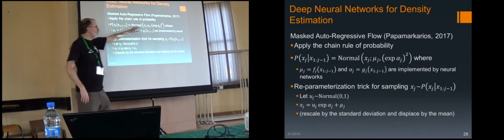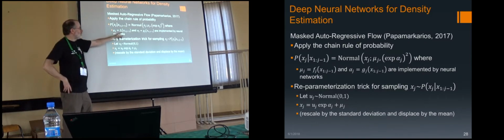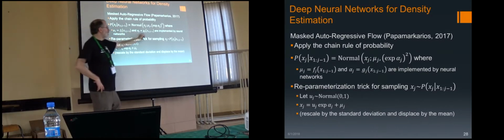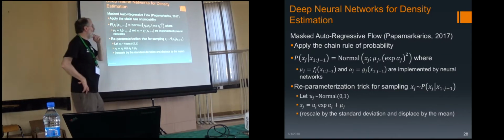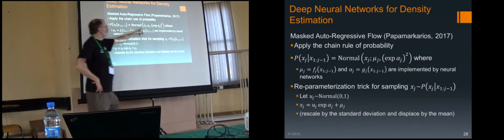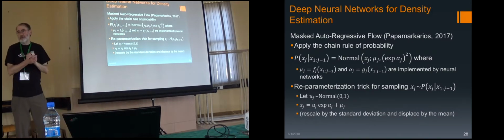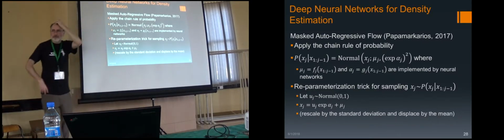This is a little bit weird, but we'll see why in a moment, where mu sub j is going to be some neural network that is a function of all these previous variables, and alpha j is going to be another neural network that's a function of all the previous variables. The advantage of this particular formulation is we need the variance to be positive. But it's hard to constrain a neural network to only output positive values.